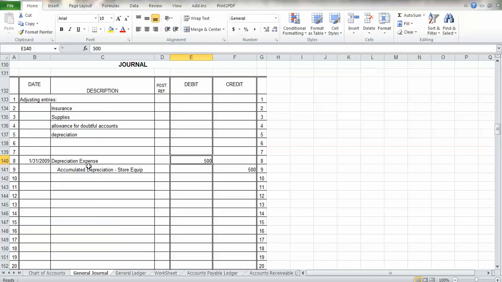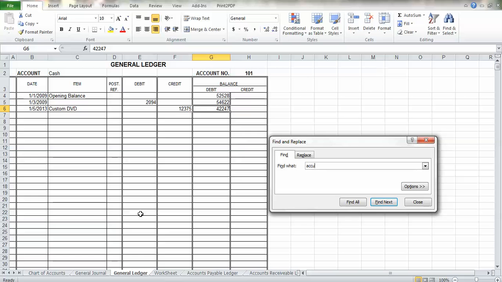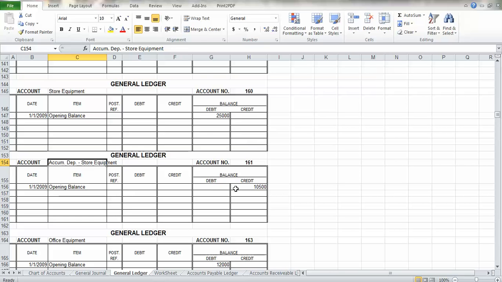Let's look at it with the accumulated depreciation. If we go down to our general ledger and look up accumulated depreciation, we see that it's a 10,500 credit balance.